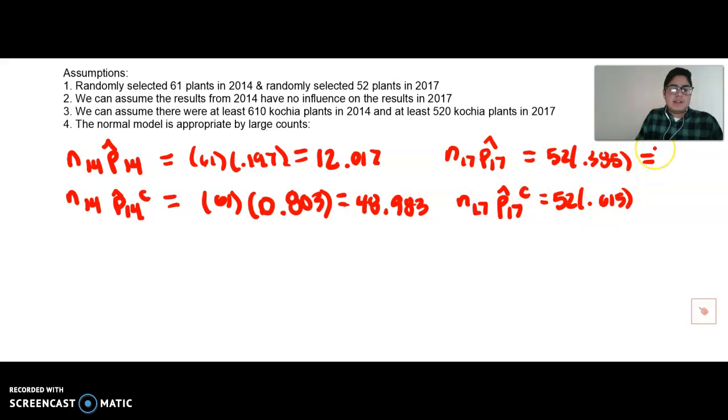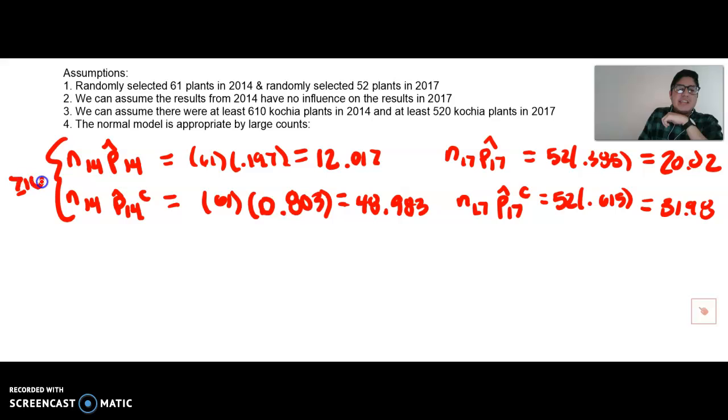All right, and when I do that, I get 31.98. And then we also get 52 times 0.385 is going to be about 20.02. And if we were to add these numbers, we should get our original sample size. So we notice that all of these are greater than or equal to 10. Therefore, the normal model is appropriate by large counts.